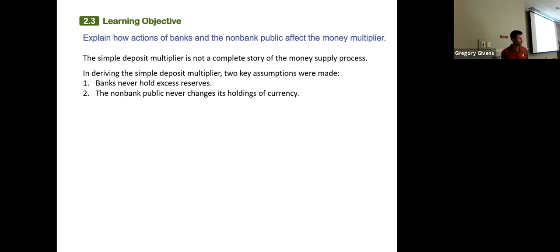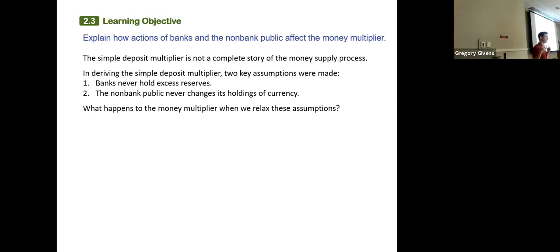All right? Neither of these assumptions is literally true. We know that in the real world, some banks hold excess reserves, and we all decide how much of our money we want to hold in the form of currency versus checkable deposits. What we want to accomplish today is pretty straightforward: what happens to the money multiplier, to this simple deposit multiplier formula in particular, when we relax these two assumptions?